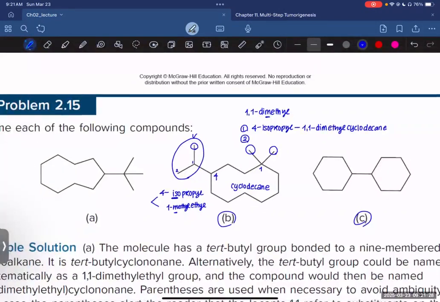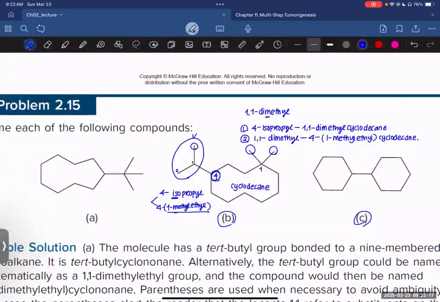We have 1,1-dimethyl, and then we write that the entire alkyl group is on the 4th carbon, with the alkyl group written in parentheses so as not to be confusing: 1,1-dimethyl-4-(1-methylethyl)cyclodecane.